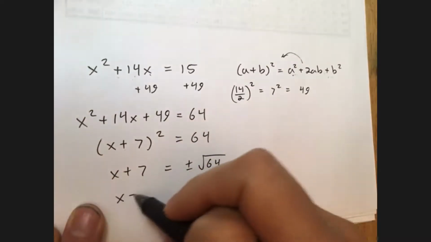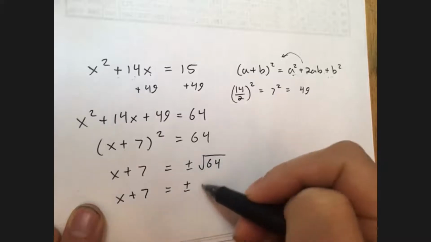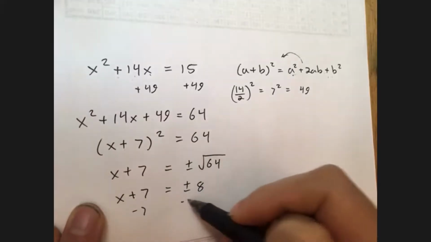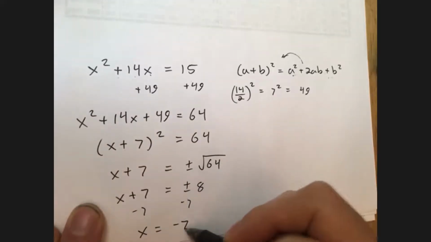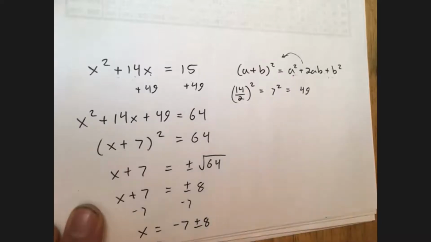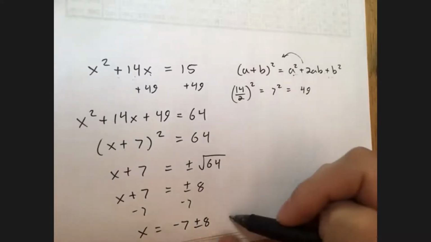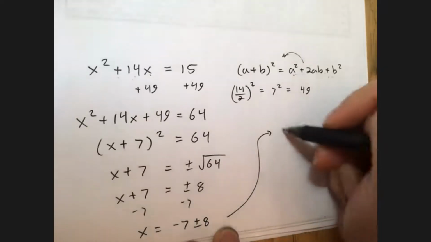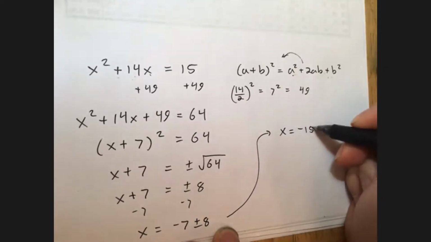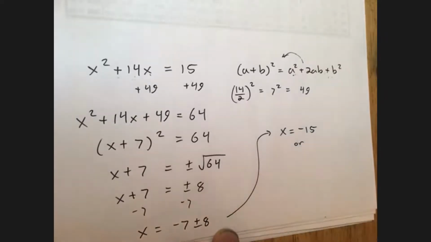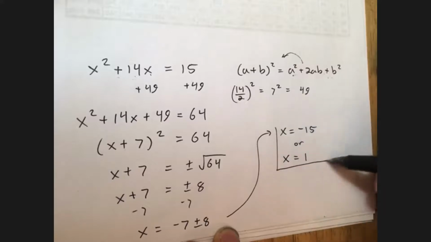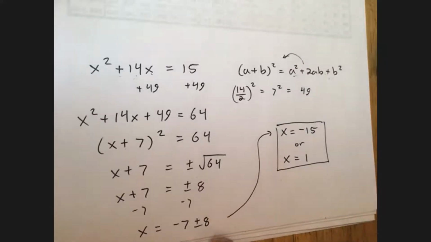It's 8. x plus 7 equals plus or minus 8. Subtract 7 from both sides. x equals negative 7 plus or minus 8. I can write that another way. If I take negative 7 minus 8, I get x equals negative 15. If I take negative 7 plus 8, I get x equals 1. So these are my two solutions to that problem.